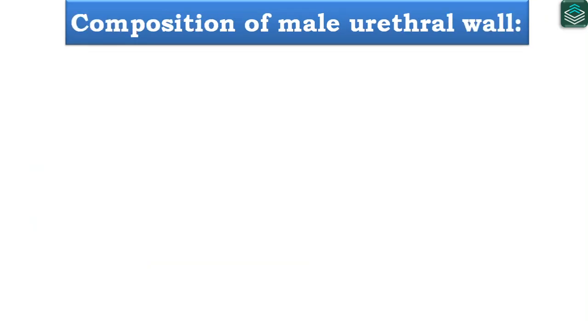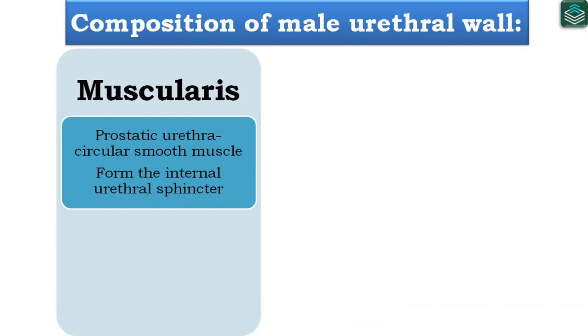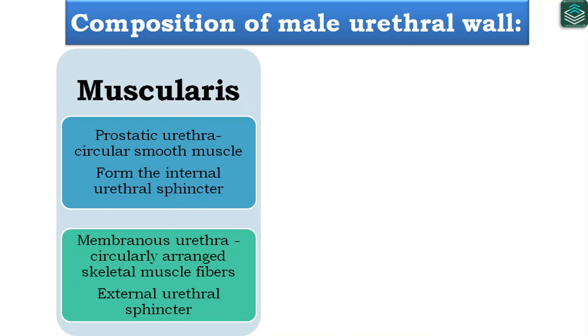Composition of male urethral wall: as we said, it has two layers, muscularis and mucosa. Muscularis is composed of different tissues in different regions of the urethra. In the prostatic urethra, it is made up of circular smooth muscle and forms the internal urethral sphincter. Whereas in the membranous urethra, it is made up of circularly arranged skeletal muscle fibers and forms the external urethral sphincter.